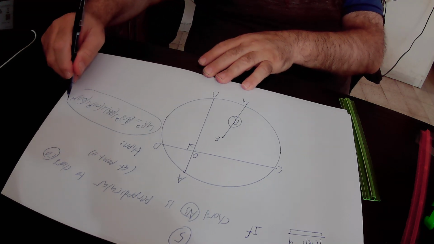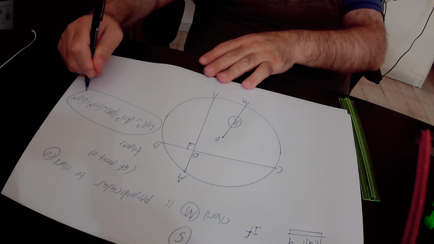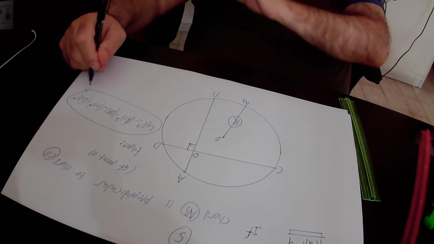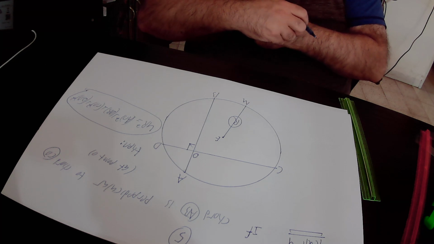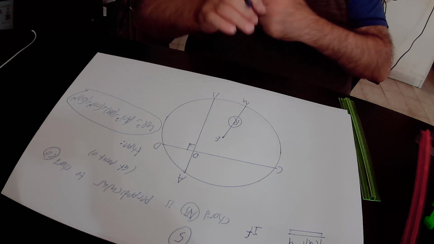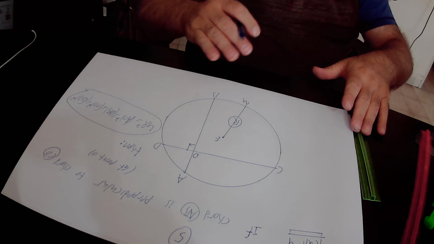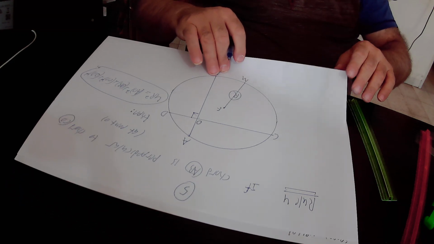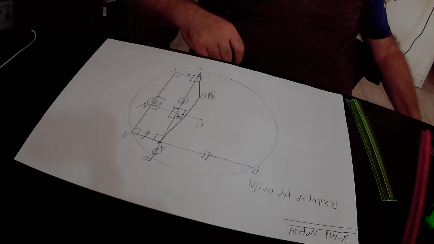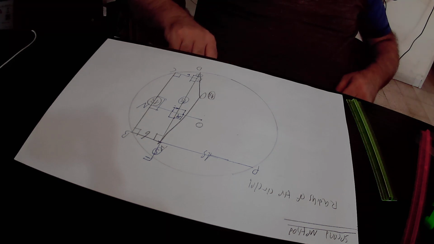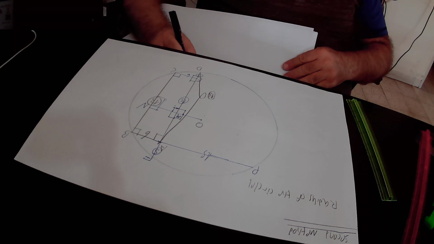So whenever you have two chords that are perpendicular to each other, you can use this formula in order to find out the radius of the circle that contains the two chords. Okay, and we can actually implement the new rule number 4 in our drawing.